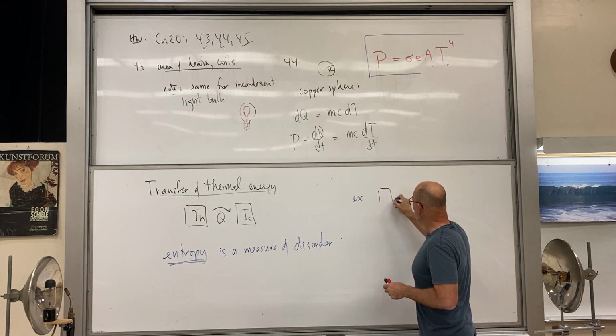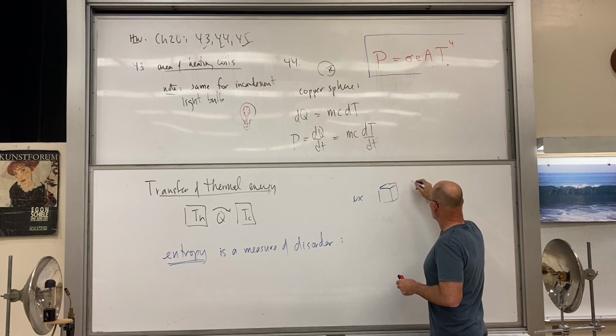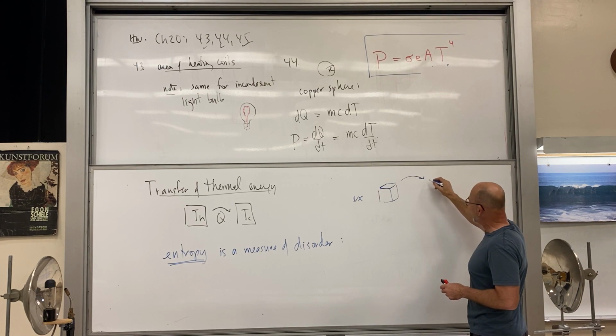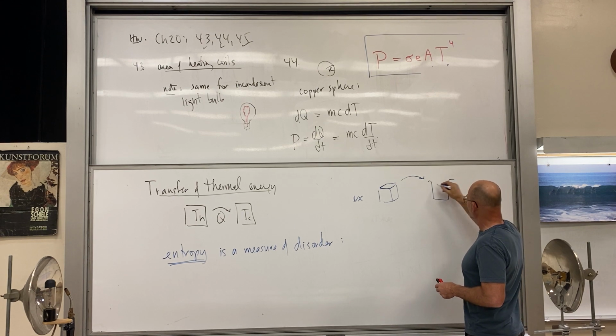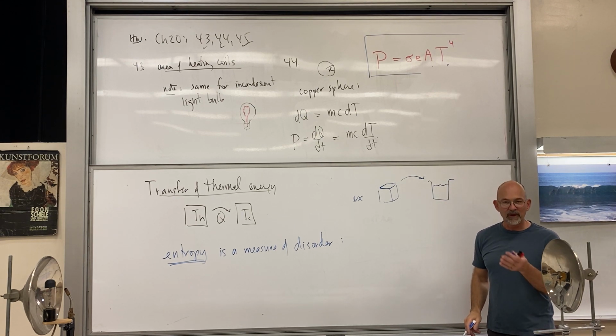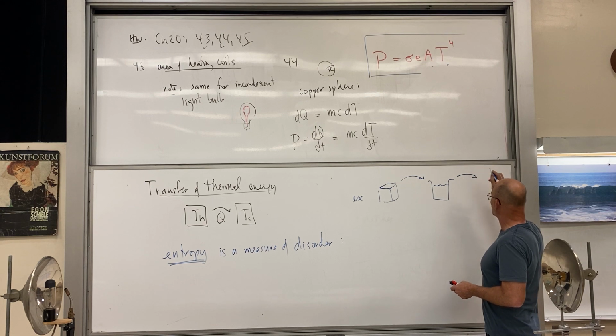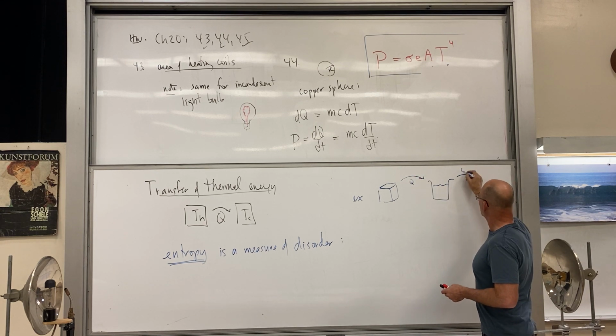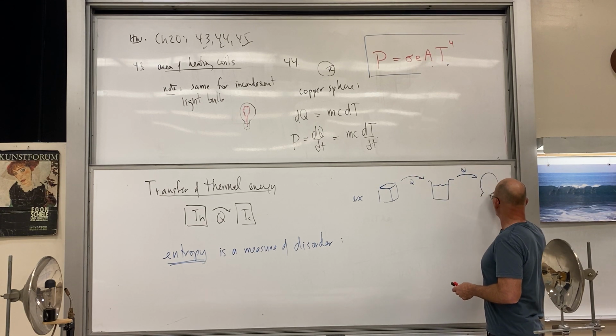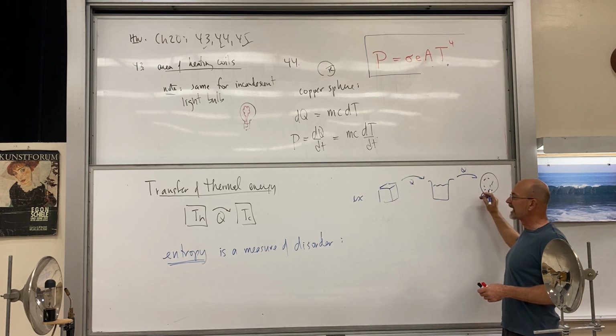So say we have our ice block, and then we add energy, and we get the liquid, and we add some more energy. This is what we did the other day, and then I'll draw a balloon. We get the gas. So we've got the solid, liquid, gas.